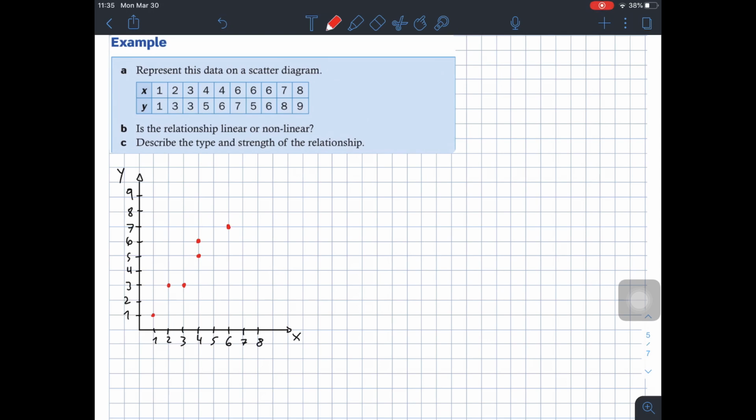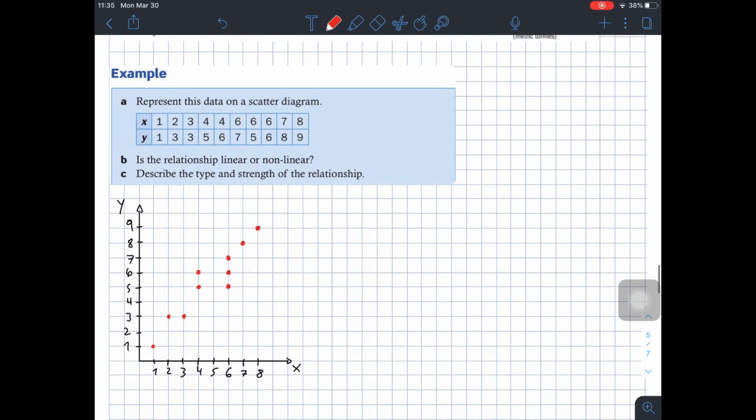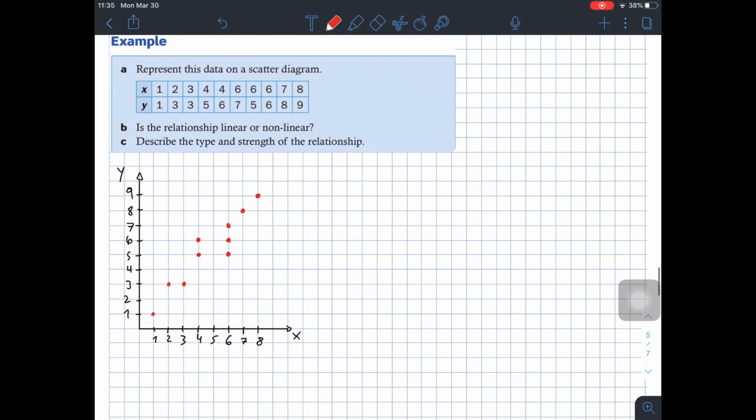Then 6, 5 is here. 6, 6 is here. 7, 8 is here, and 8, 9 is here. Okay, so this is our scatter diagram for this particular exercise.